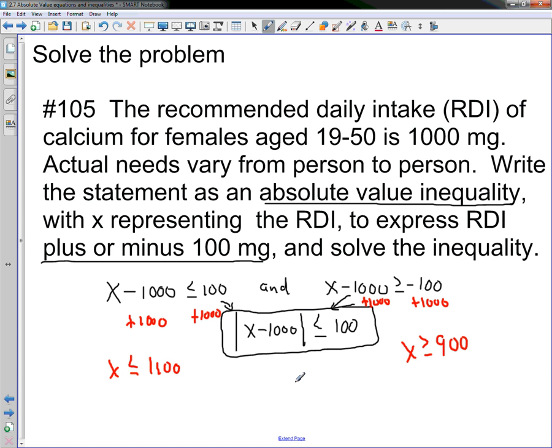So what we're talking about are values that are less than or equal to 1100 and greater than or equal to 900. So again, if we graph this, we're greater than or equal to 900, but less than or equal to 1100. In interval notation, we're between 900 and 1100.